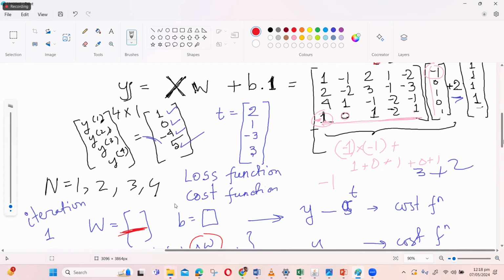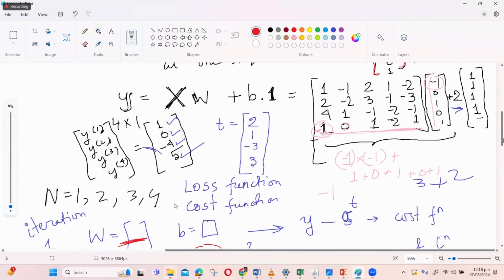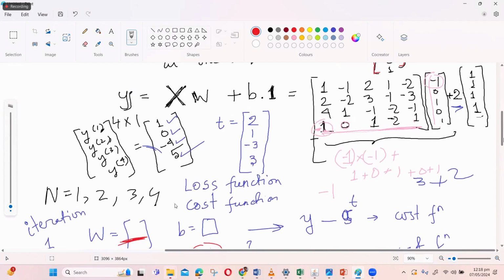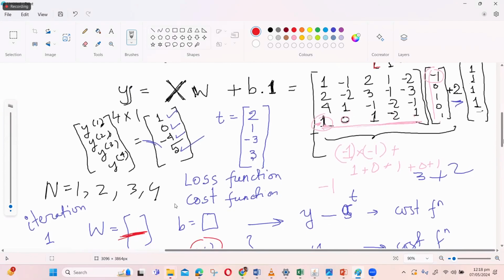এটার জন্য লস ফাংশন আর কস্ট ফাংশন বের করতে হবে। y1 কত আসছে? Sir, y1 is equal to 1, sir.